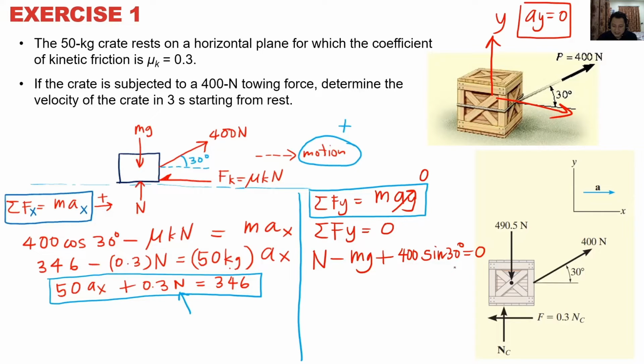So normal equals mg minus 400 sine 30. What is mg? 50 kilograms times 9.81, minus 400 sine 30, which is 200.